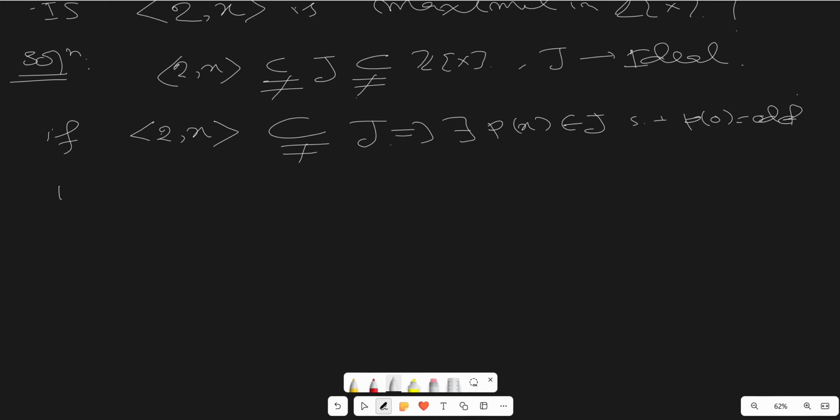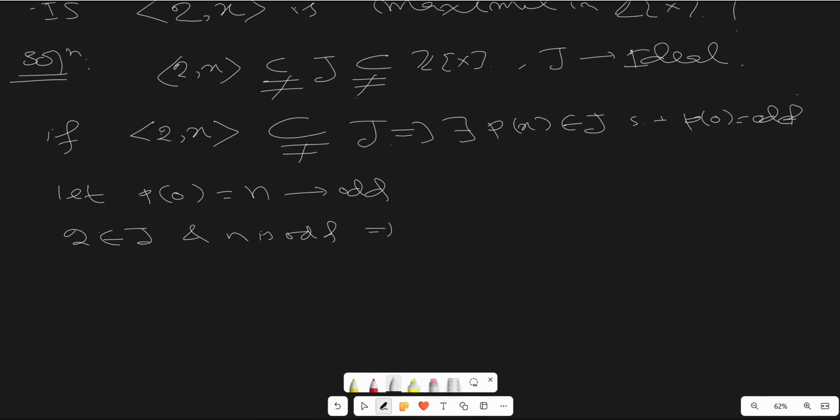So let p(0), which is odd, be n, an odd number. So 2 is a member of J, right? And n is odd.